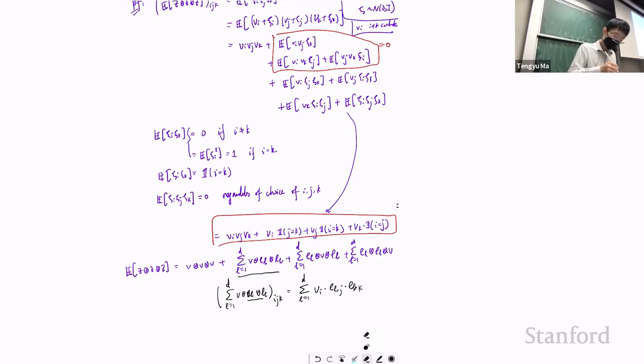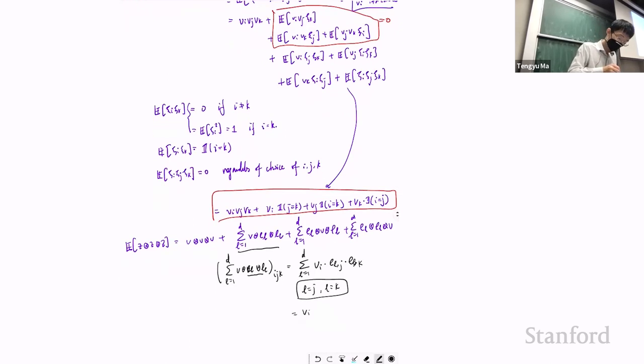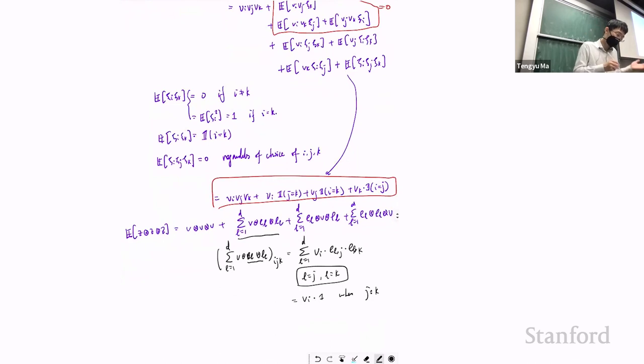In what case are the j-th and k-th coordinates of E_L both non-zero? The only case is that L equals j and L equals k. So this is v_i times 1 when L equals j and L equals k, and the only way that can happen is that j equals k. Otherwise, it's going to be 0.